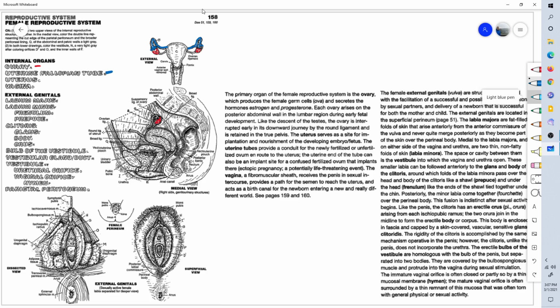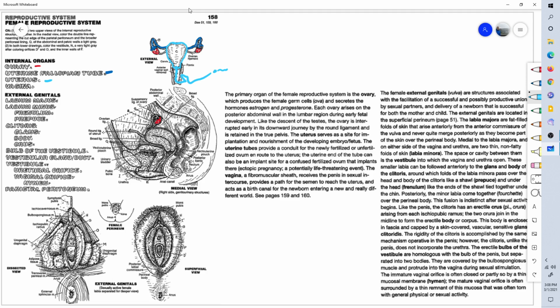The uterus is this structure here, which the ovum attaches itself to, and where the sperm from the male travel into to fertilize the egg. So the uterus, and of course the vagina is the opening and the pathway for the sperm.